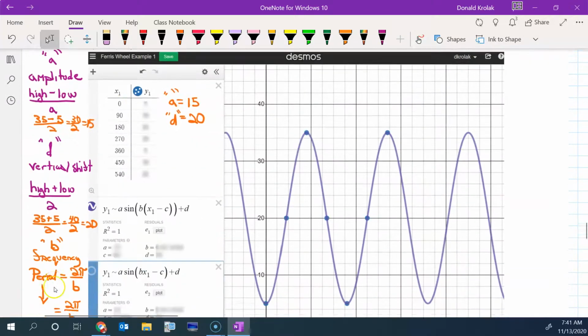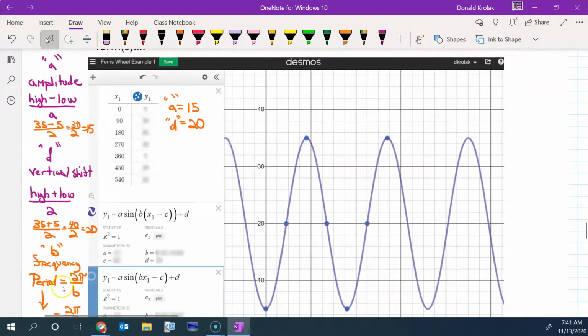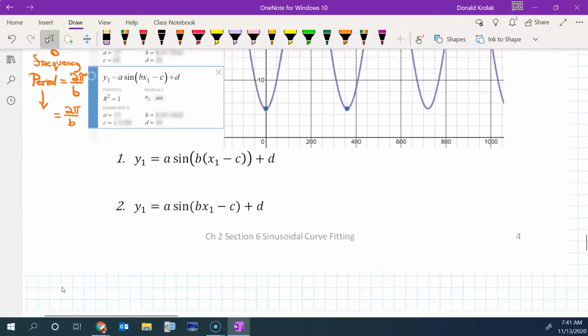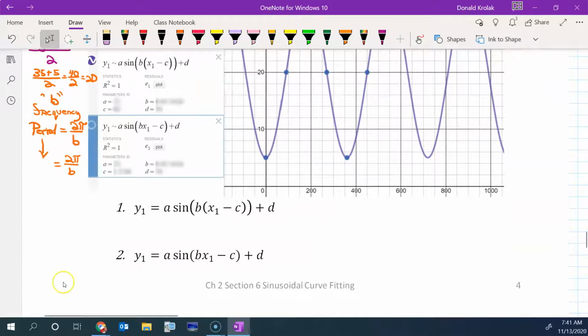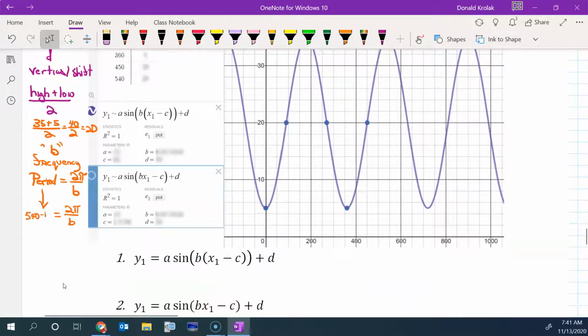Or the other way to do it is go high point to high point and subtract them. 540 minus 180.